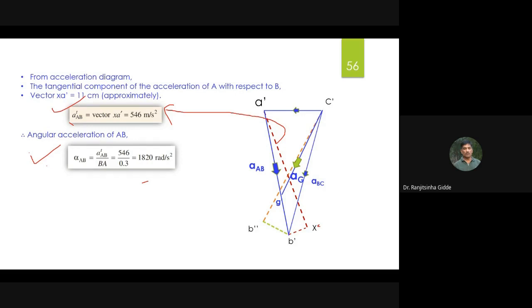Next line, alpha AB is equal to ATAB divided by BA, is equal to 546 divided by 0.3, and this is the final answer.